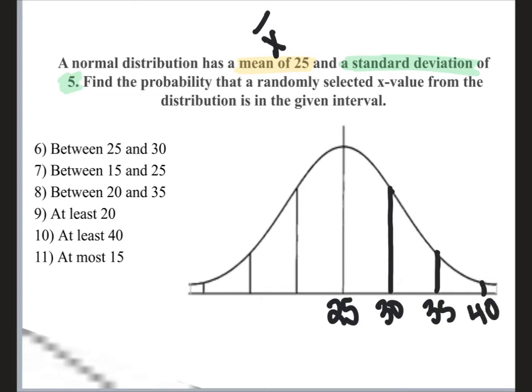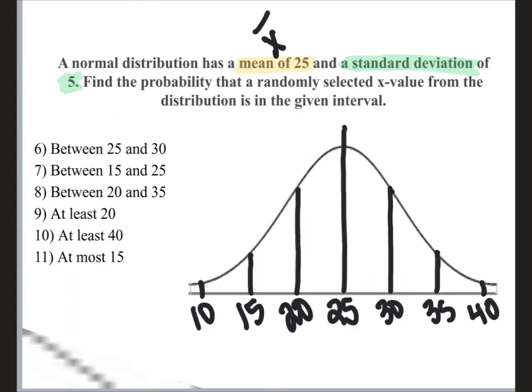Okay, so that's why I was adding a standard deviation every single time to the right, and then I add or subtract a standard deviation every time from the left. So take your mean, subtract one standard deviation, so 25 minus 5 is 20, minus 5 again is 15, minus 5 again is 10. So now your normal distribution curve is set up to reflect your problem.